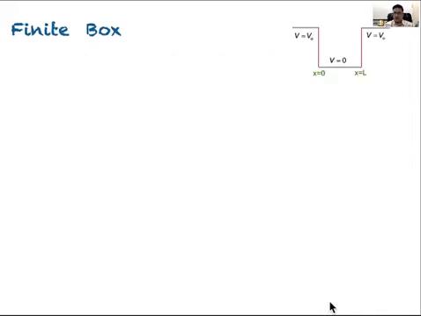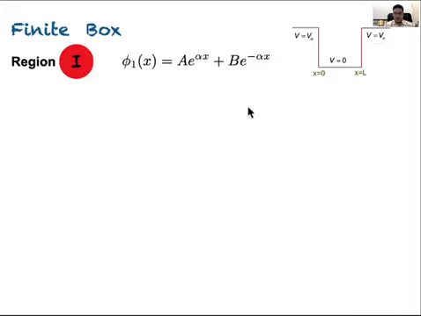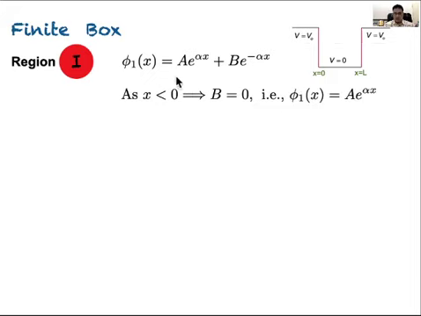Under this condition, this part will drop out. So in region 1, where x is smaller than 0, the wave function must go to 0 when x goes to minus infinity, and this imposes the condition that b is 0. So your phi 1 of x is only a times e to the power alpha x.